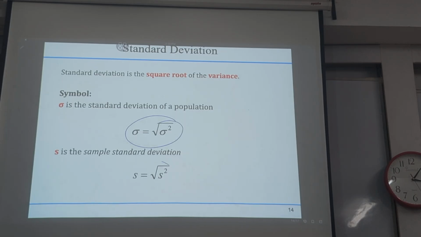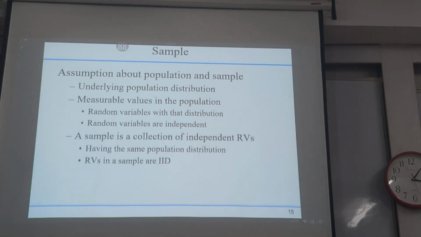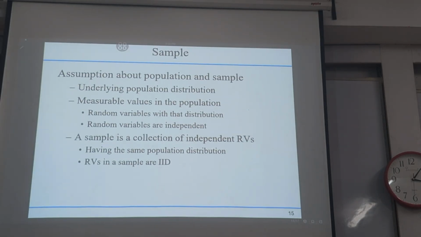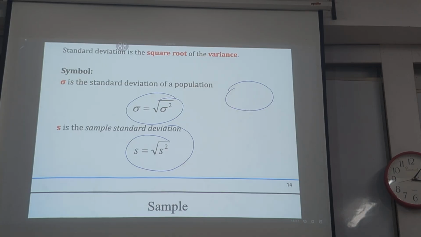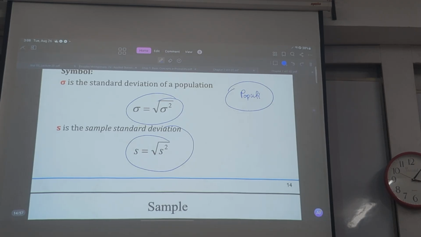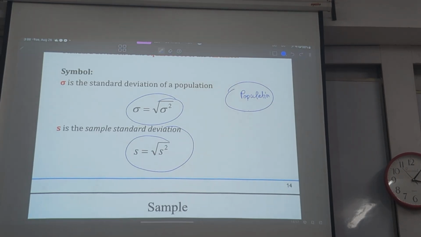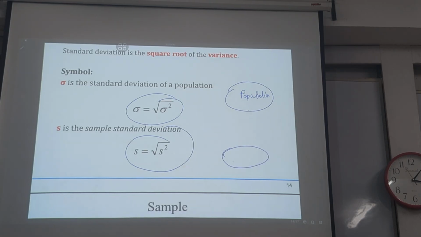We know standard deviation, we talked about this many times. Now, what is a sample? We discussed sample and population, but we want to actually extract further the value of a sample. This is the population, and this is the sample.